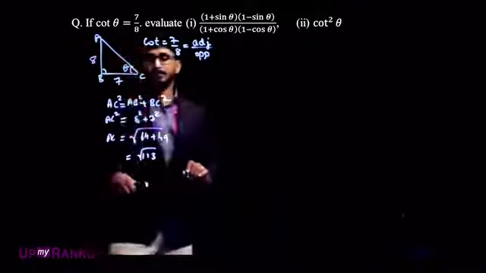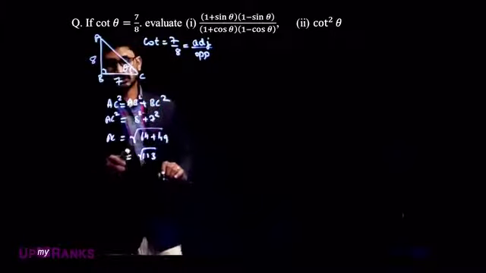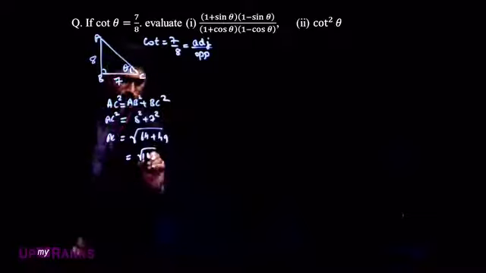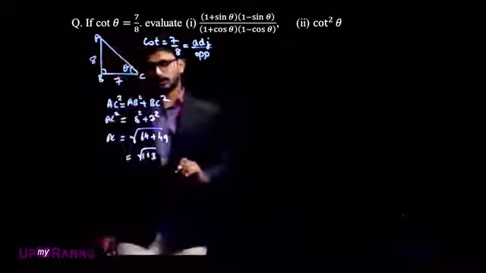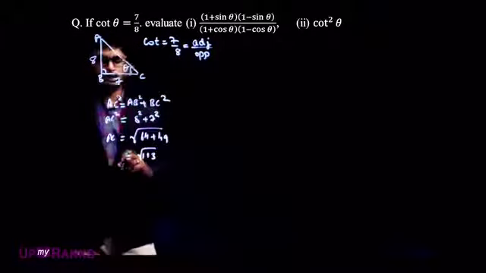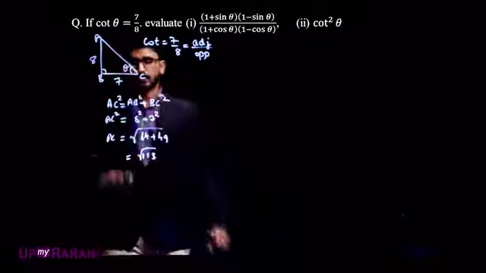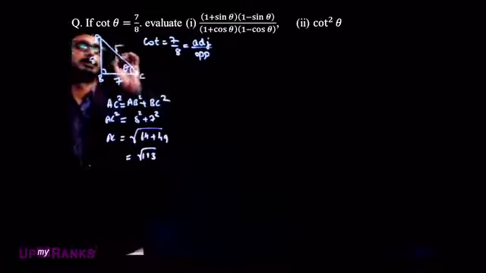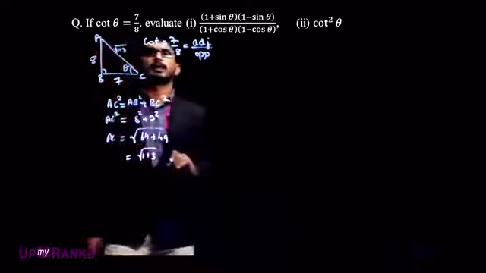So I have AC as square root of 113. It's not a perfect square root, so we write it as it is, square root of 113.